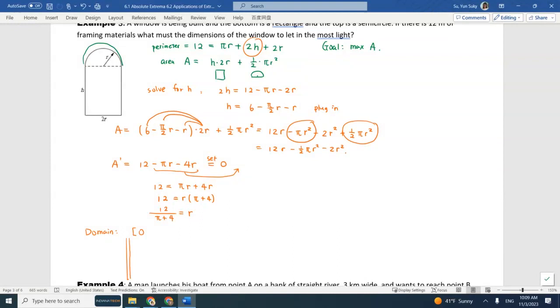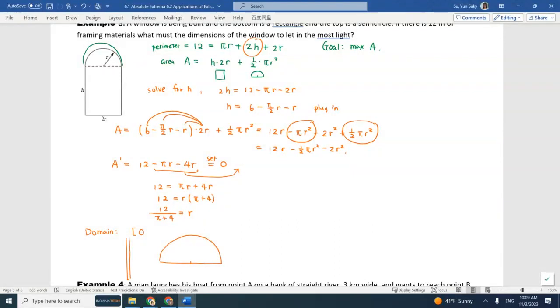What is the biggest R? Well, your R is bigger, bigger, bigger, then you get your window like this. Just a half circle. Your H is 0. Do you agree, everybody? This is the biggest R possible.